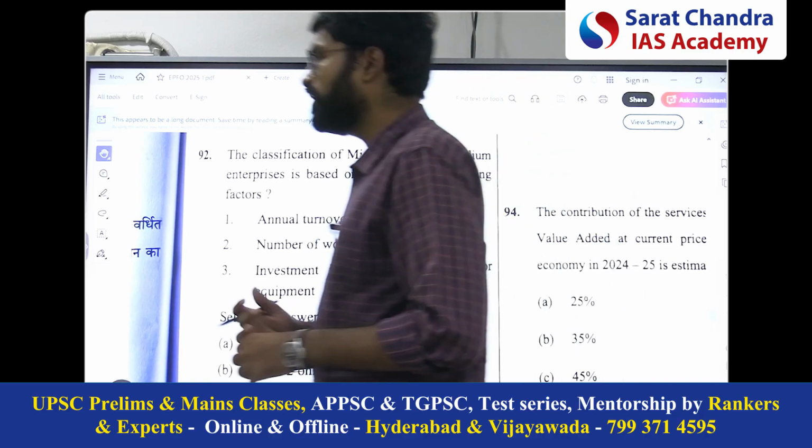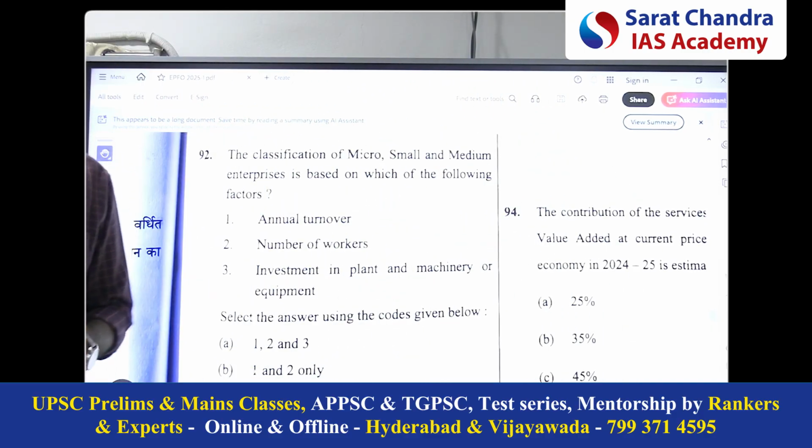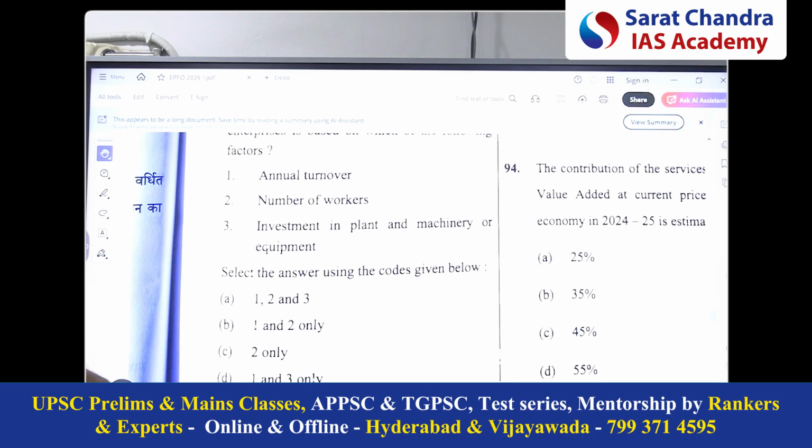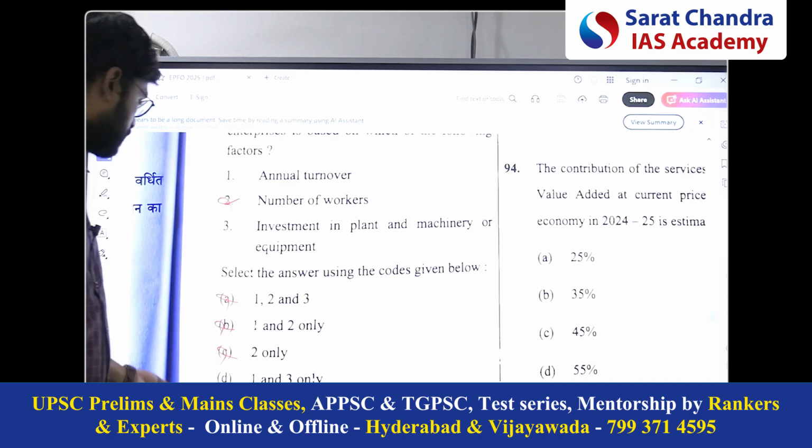So here, annual turnover will be taken, a turnover of 10 crores or 15 crores or 25 crores. Number of workers is not considered for the definition. So if you look at the options, we can eliminate the second option, and only one option is left. Investment in plant and machinery and annual turnover is considered for the MSME definition.